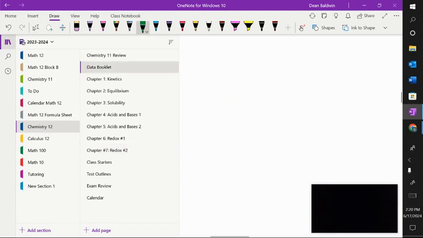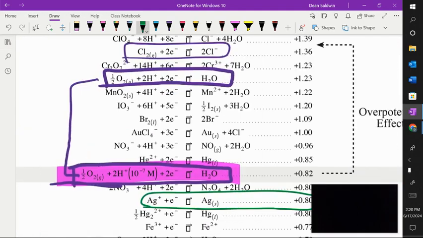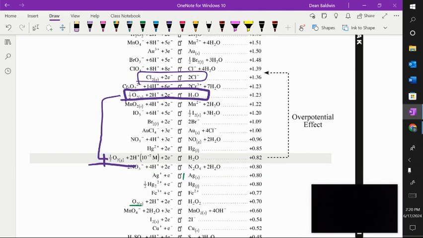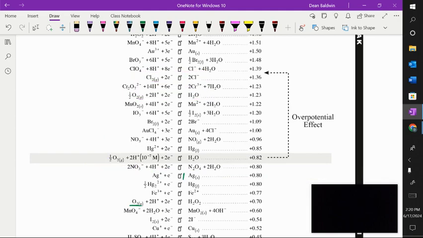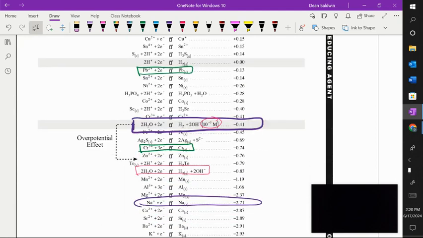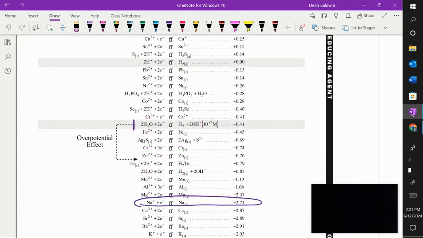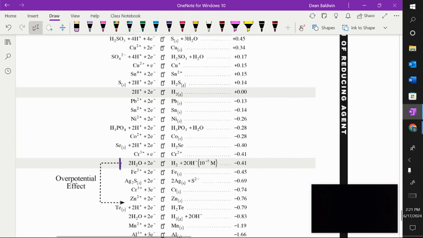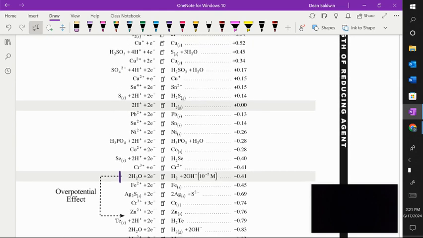So we go to our data booklet. Let's clean up this data booklet. And we have to compare things now. So we have water, we have acidified water, which is, where is the acidified water?